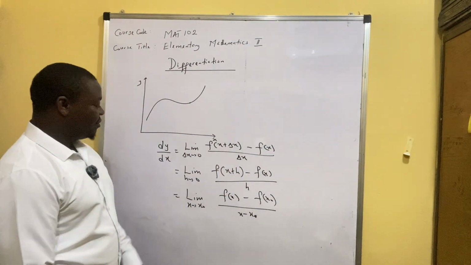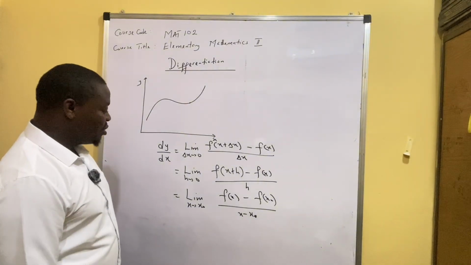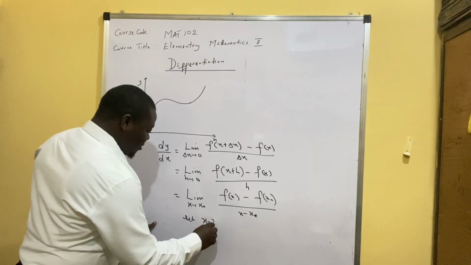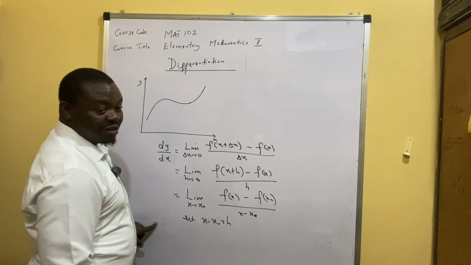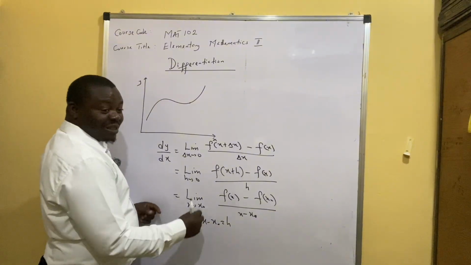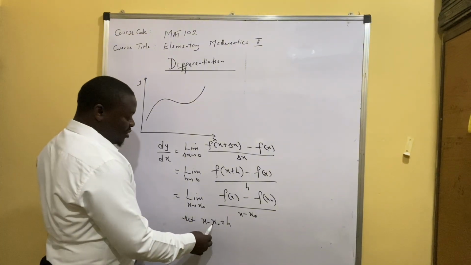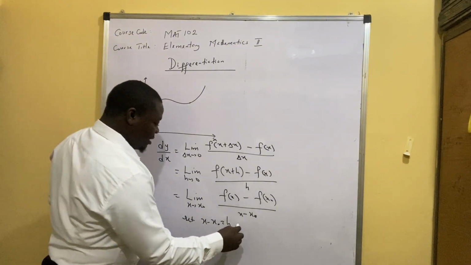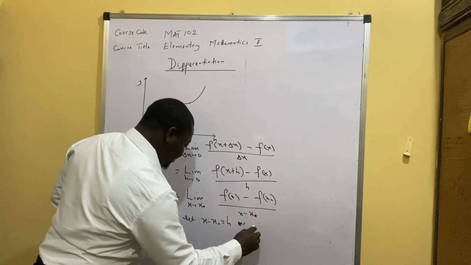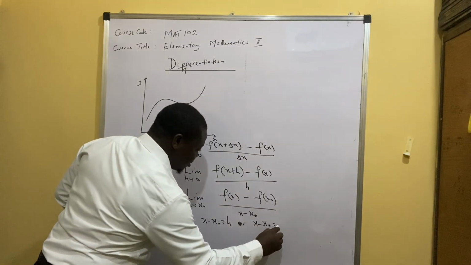What we need to do is just set x minus x naught equal to h. Or remember your physics practical, where you have x minus x naught to be what? Change in x. Good. If you set that to be change in x, then you get the remaining two formulas.